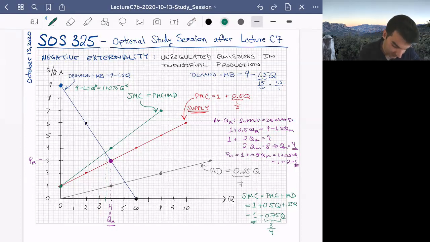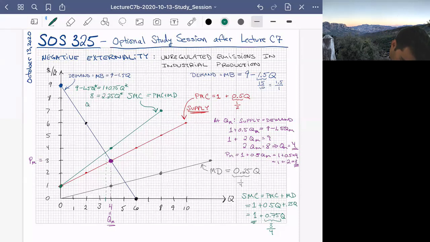So let me see what happens when I do the math correctly here. I am going to, again, move the 1 over by subtracting it. I'm going to move the 1.5 over by adding it. And what I'll end up getting is 8 is equal to 2.25 Q star.